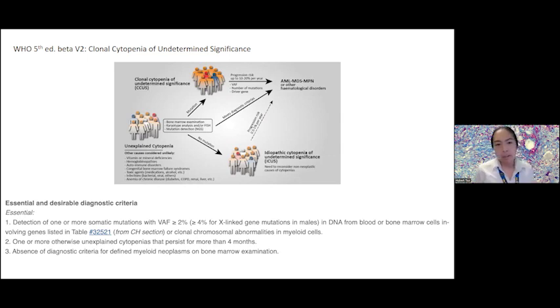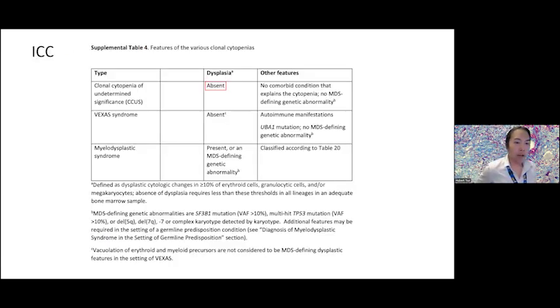That just seems very undesirable to me in this clinical situation. The similar chart from the ICC, again, has clonal cytopenia of undetermined significance. And again, it's defined that you don't have dysplasia, and that still remains where we're drawing that red line.